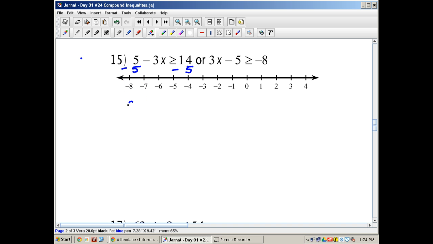So we have negative 3x greater than or equal to 9. That's positive 9. Make sure you switch the sign.